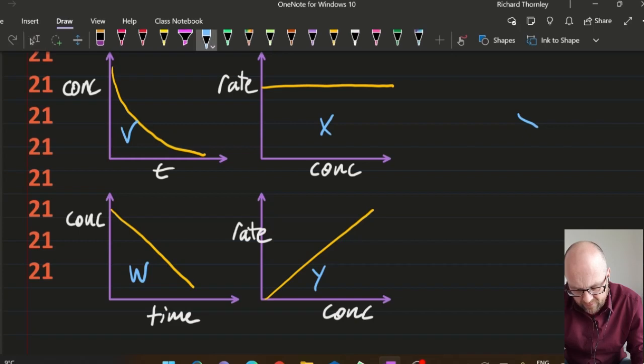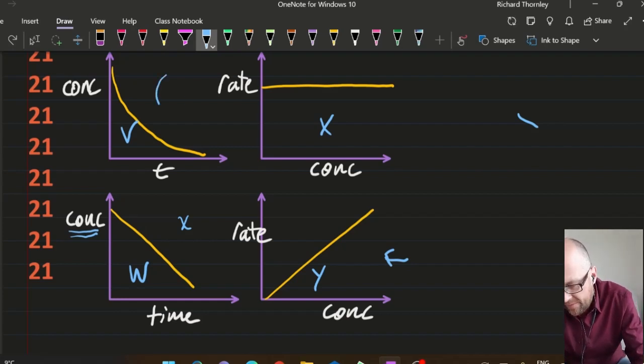So this one looks good here. If I double the concentration, I double the rate. So what's that one? Y. So that's going to be Y. Oh. So which other one? And so this is the other one that's good as well. That's also first order.